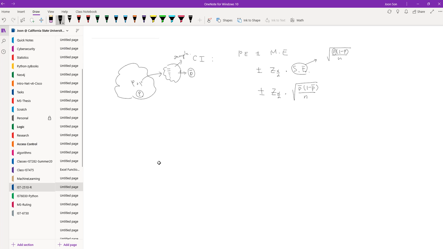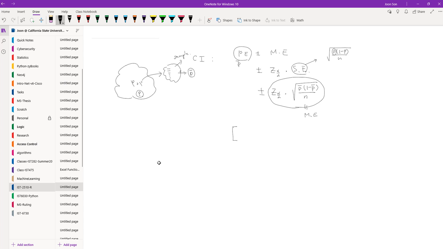By the way, this is the margin of error. So that's the formula. The point estimate is the sample proportion, p bar.